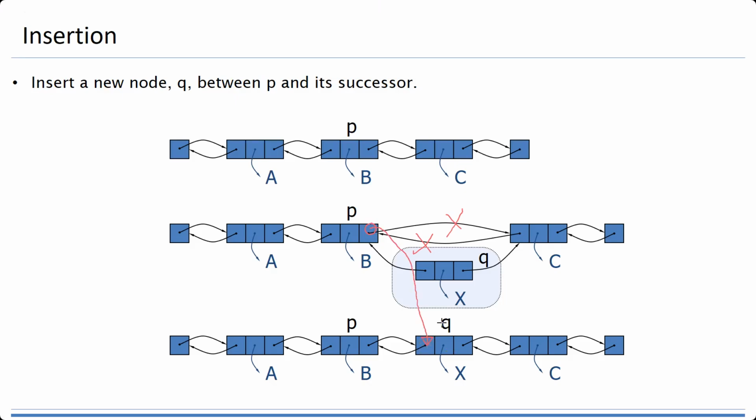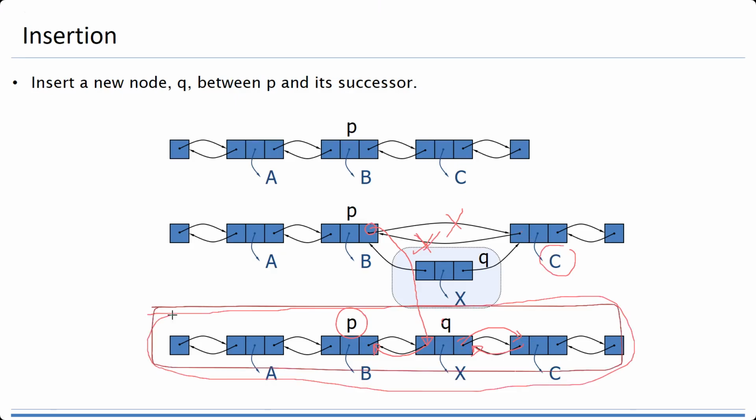Node Q will link to the previous, which is node P, and then node Q will connect to this node as the next. The last one, element C, after we remove this link, will go to the previous node, which is Q. Then we will have a new sequence like this with the doubly linked list.